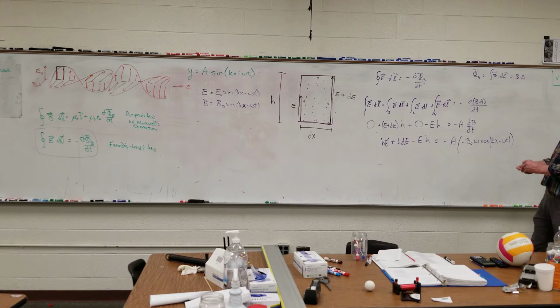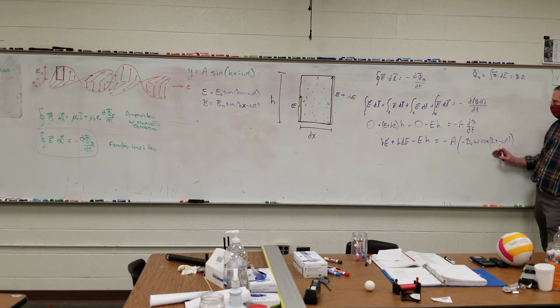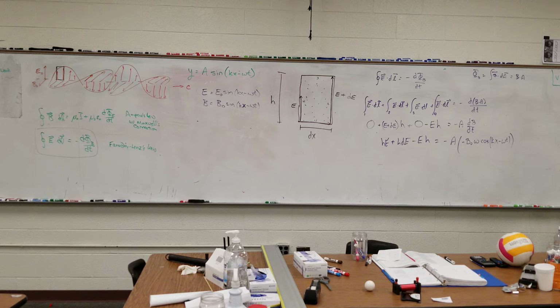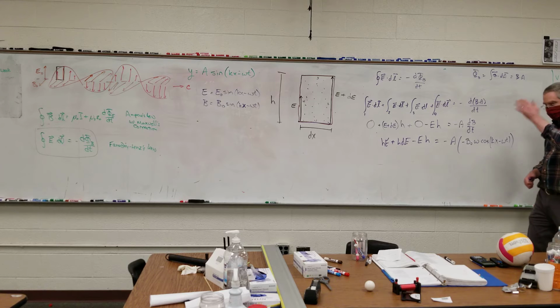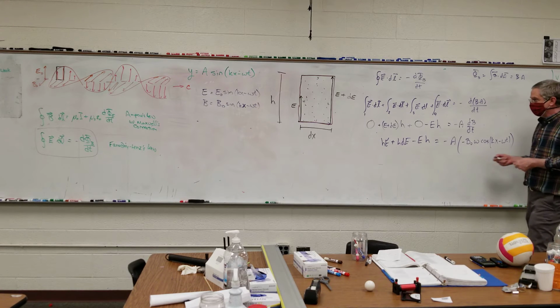We lost something here. The derivative would be negative because we're taking the derivative with respect to time. Oh, right, right. Okay, one more step to go before we get there.